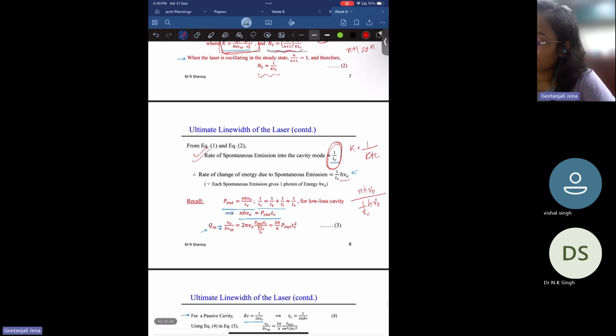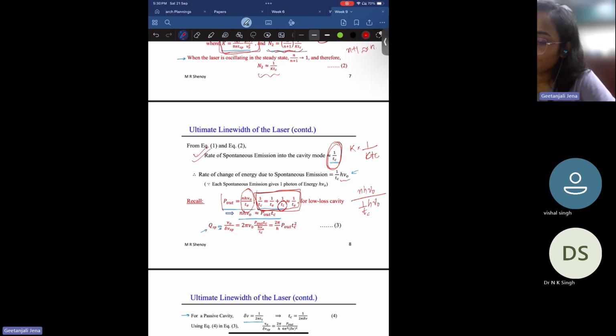So now we'll put another parameter. Let's say we are given P out. P out, if you recall, is given by n h nu zero divided by Tc, which we have already seen earlier. And we typically neglect this Ti term because it is much less for a practical system.